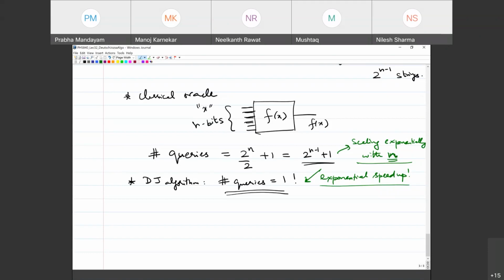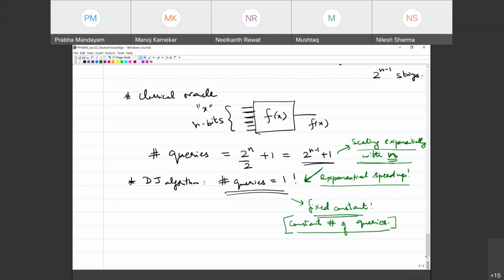But in the quantum case, it's actually just a fixed constant, right? So there is a constant number of queries, just that the constant is 1, but actually it doesn't matter. It could have been any other constant also, right? But the contrast is between a constant number of queries and an exponential number of queries. And this contrast is what we call an exponential speedup, right?